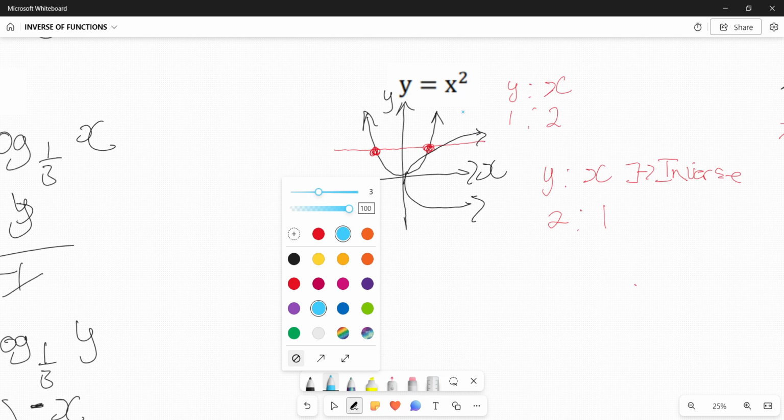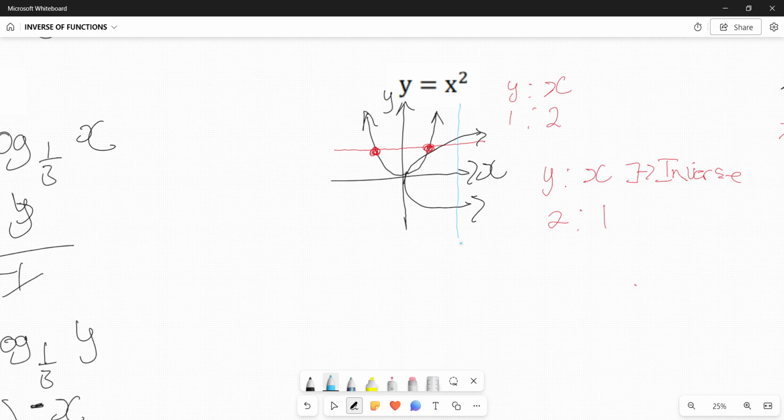If we were to apply this vertical line test, it would fail, because this vertical line would touch our inverse function twice, meaning for the x coordinate we have 2 corresponding y values, which is unacceptable.